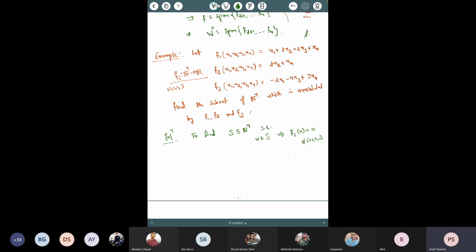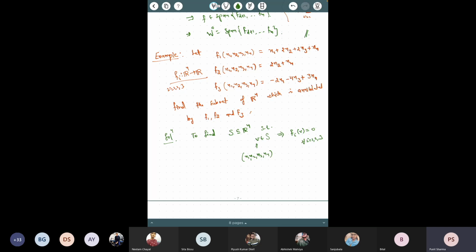Annihilated by F1, F2, F3 means if I take any vector v in S, then F_i of v is 0 for all these functionals. Any vector v in S, which is a subset of R4, would be of the form (x1, x2, x3, x4), and F_i of v is 0.